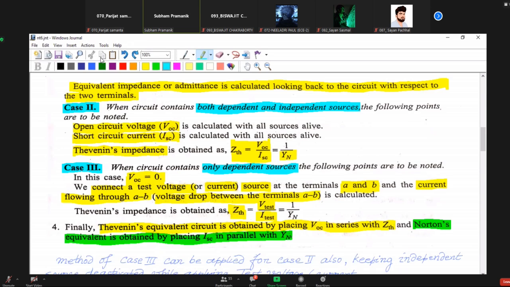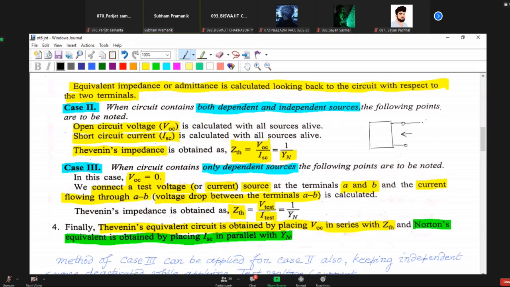Actually, just try to understand this from a different perspective. Suppose a black box is given to you. You have only two terminals. So can you tell me how do you find the resistor from this? What is the actual procedure? You connect a multimeter across it, but what does this multimeter do?